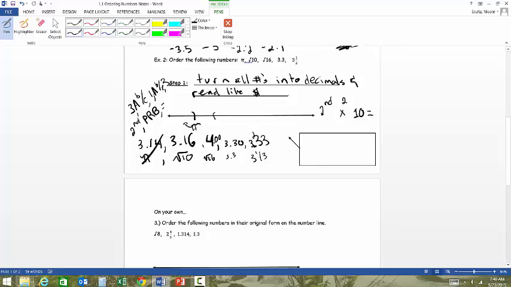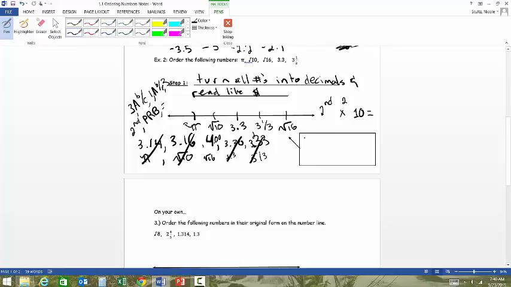The next smallest number was $3.16, which was root 10. And then $3.30, which was 3.3. Then we would have 3 1/3. And the last number is root 16.